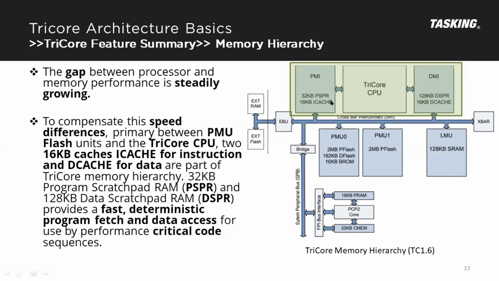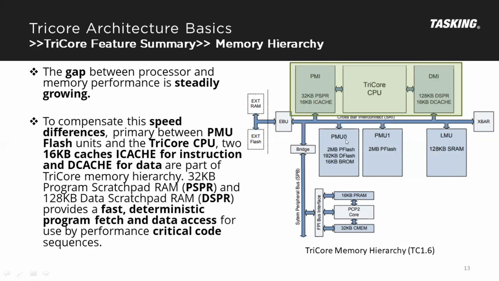And if you need deterministic behavior, the architecture provides 32 kilobytes of program scratchpad RAM, the PSPR, for the instructions, and 128 kilobytes for the DSPR, or the data scratchpad RAM. And this is how it looks.